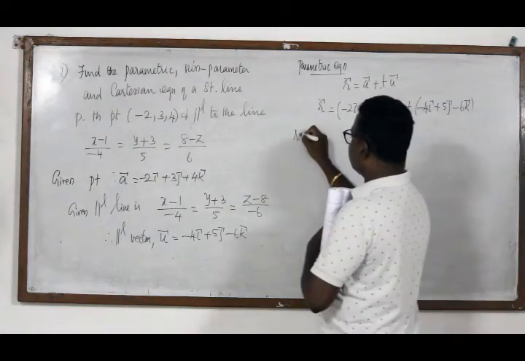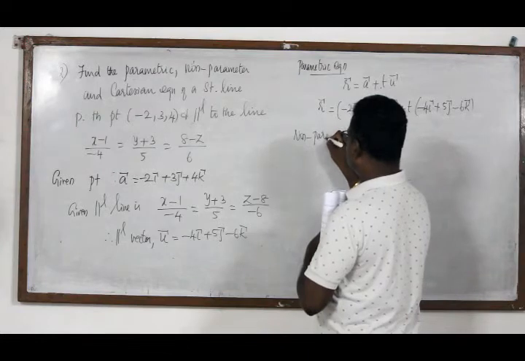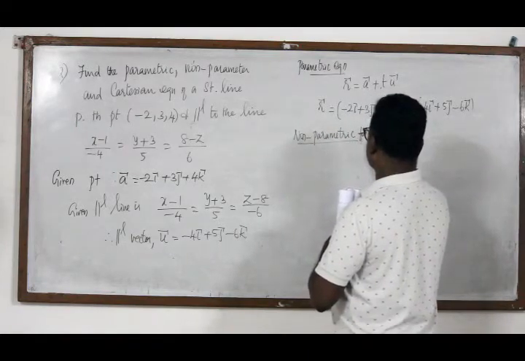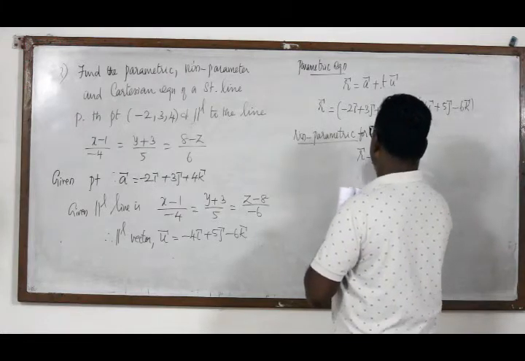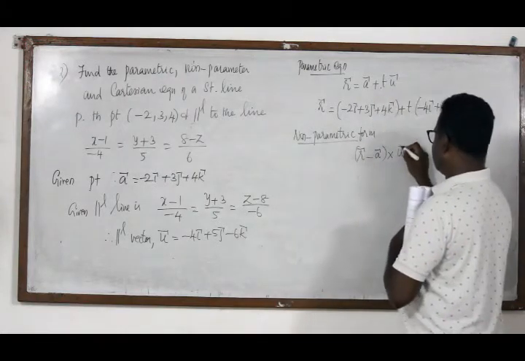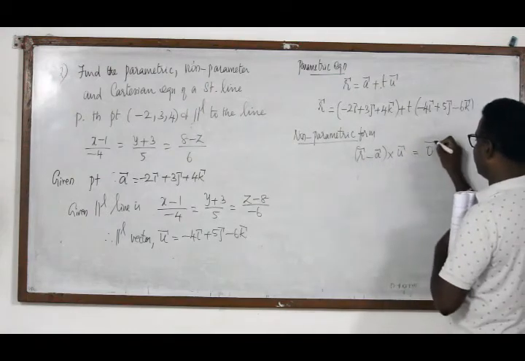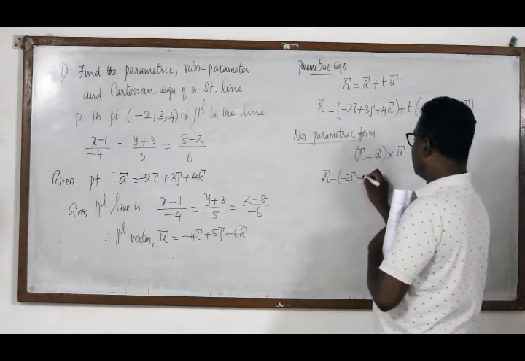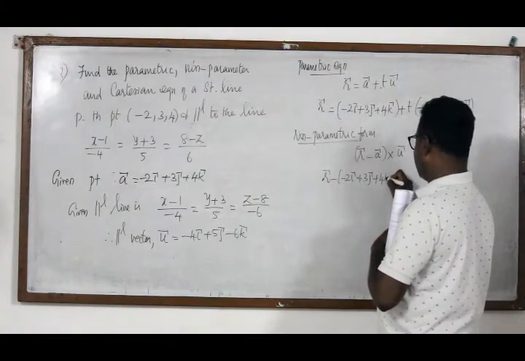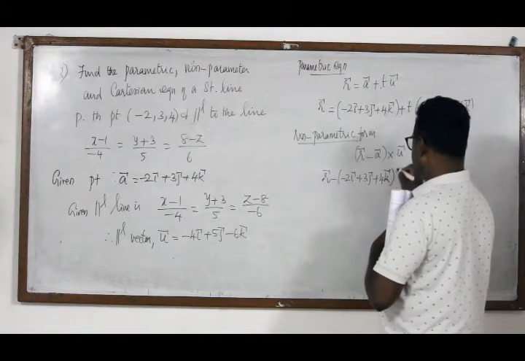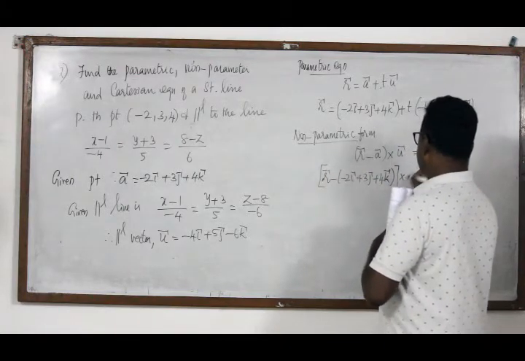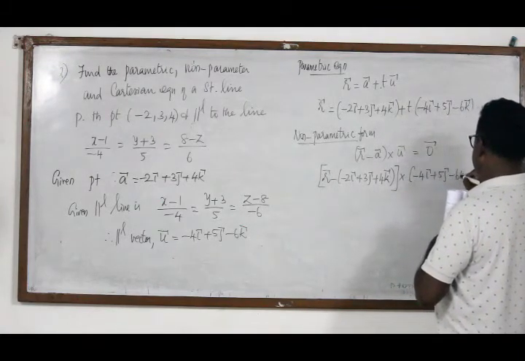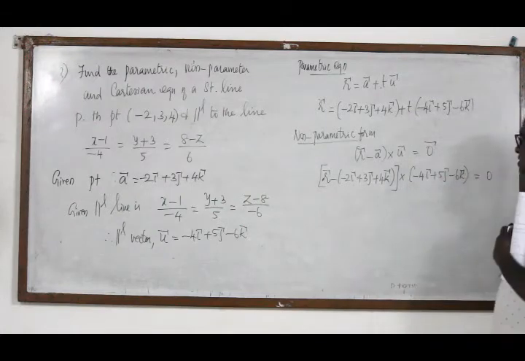Now, non-parametric is R minus A cross U vector, equal to 0 vector. R minus A is minus 2i plus 3j plus 4k, cross U, which is minus 4i plus 5j minus 6k. This is equal to 0.